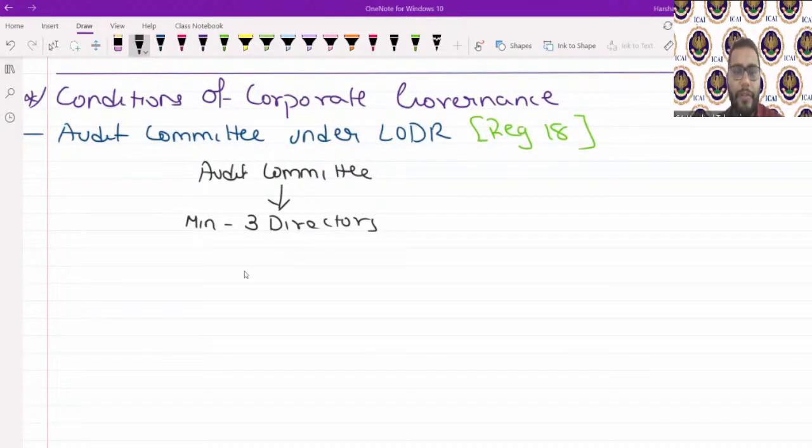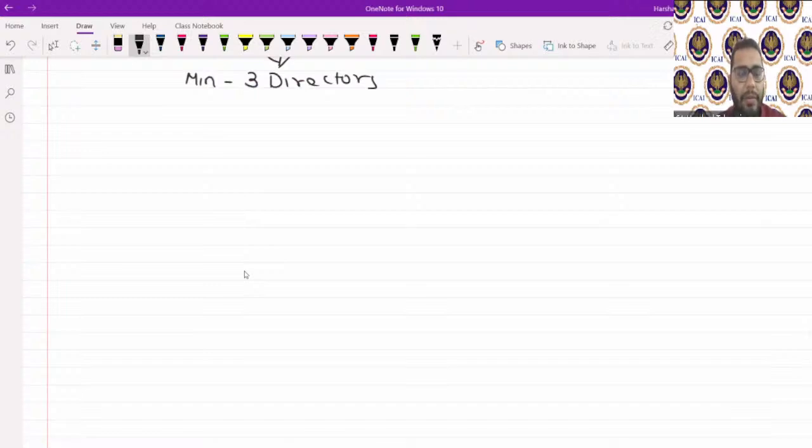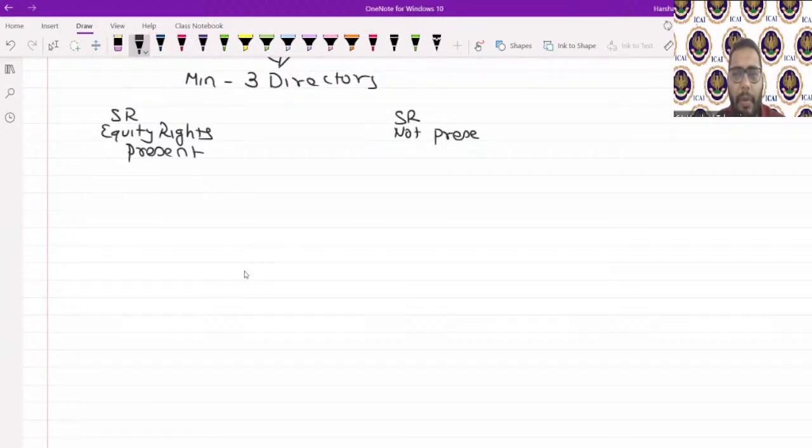Now first thing, whether SR equity rights are present or not.